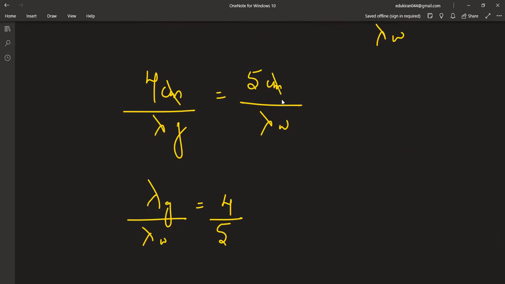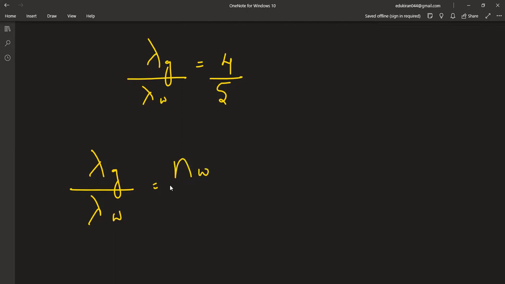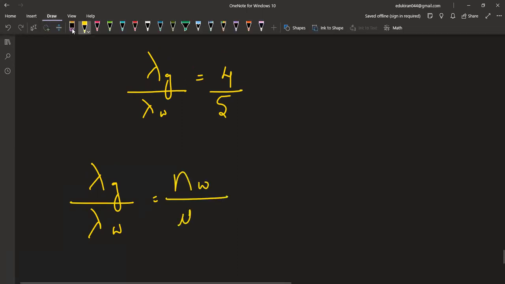Centimeters will be cancelled. Now your concept of refractive index is applied. This is not a tough JEE or NEET question. It's your simple CBSE question only. These types of questions can come in your board exams. So this is right. Now see, wavelength, from your already known concepts which we discussed in the class as well, is equal to the refractive indices ratio.